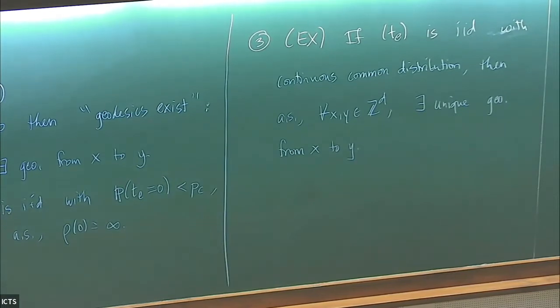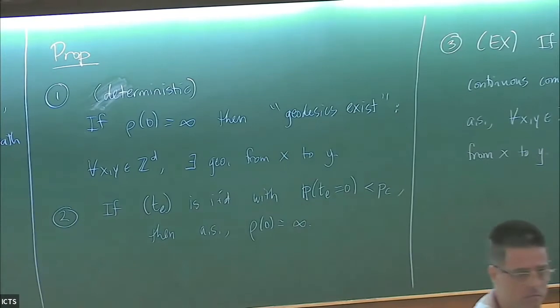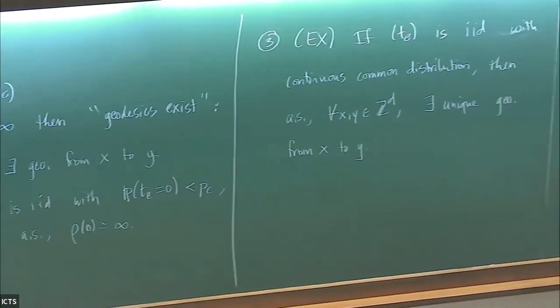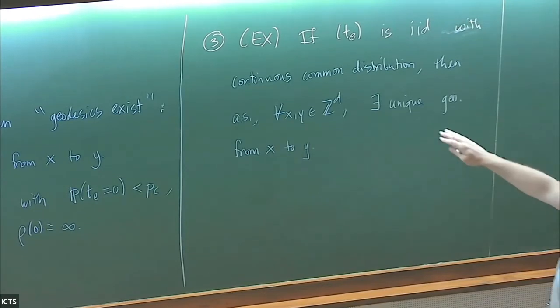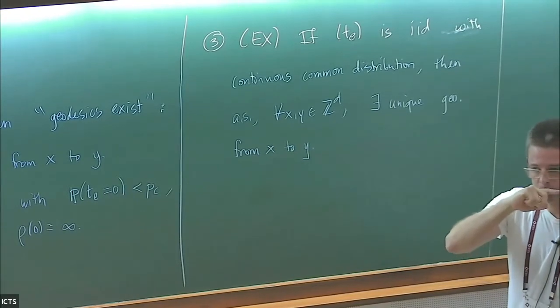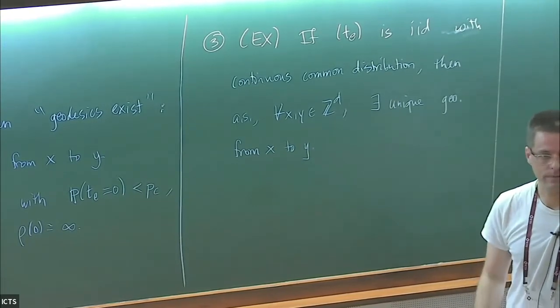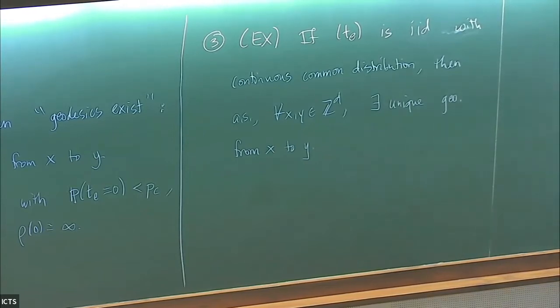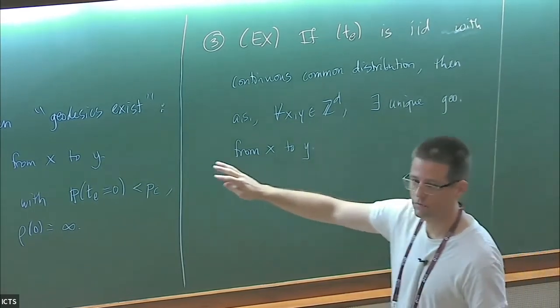So continuity gives you uniqueness. It's probably equivalent, I would guess. Well, if you have a common distribution which is continuous, then you can't have an atom at 0, so the probability that it equals 0 will be 0. Any other questions about the statements here? No? Okay. So we're not going to prove 3, but we'll prove 1 and 2.